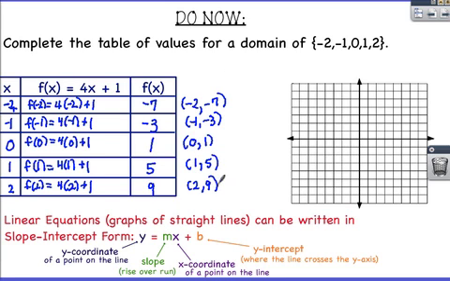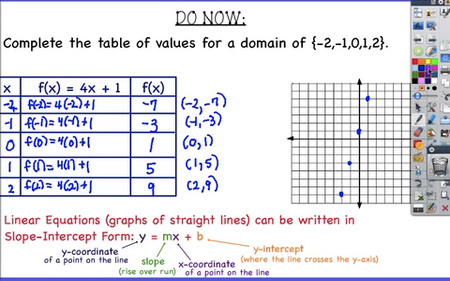Now we can plot these ordered pairs on a coordinate grid. (-2, -7), (-1, -3), (0, 1), (1, 5), and (2, 9), which will be off of our grid.